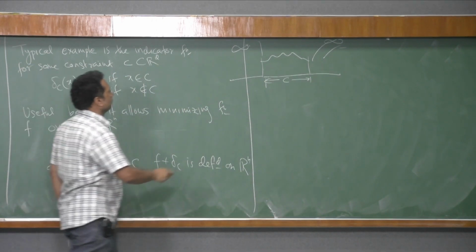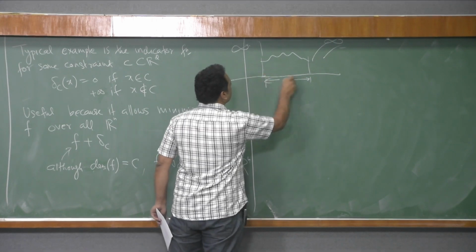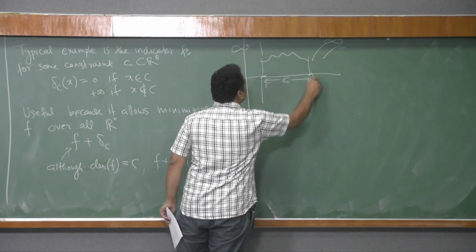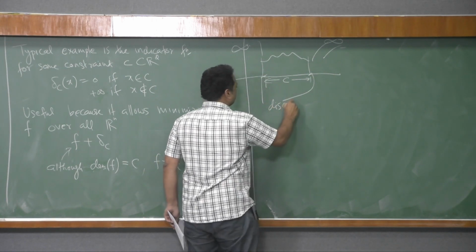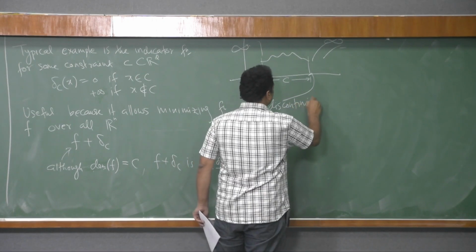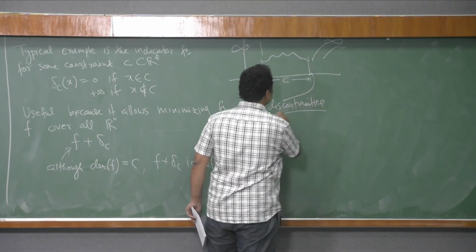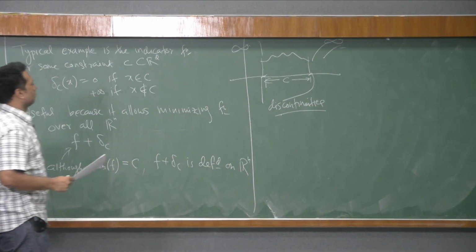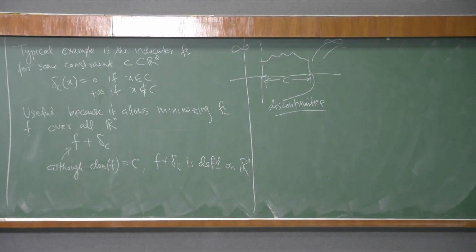So there is a discontinuity here on these boundary points. So these are some examples of discontinuous functions.